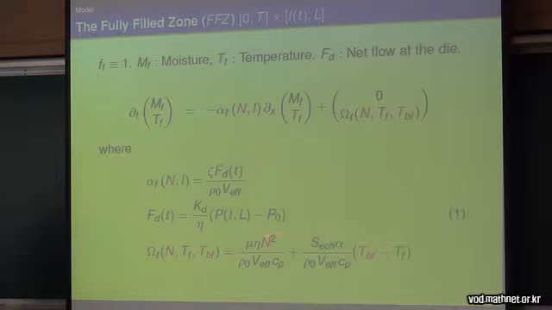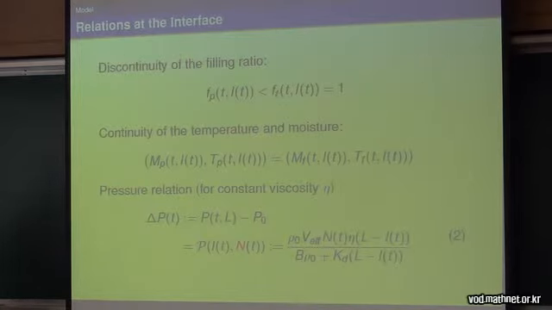One is due to the rotation of the screw, and another is due to the heating system along the barrel. Yes, alpha P and alpha F represent the velocity of the fluid flowing in the barrel. Okay.